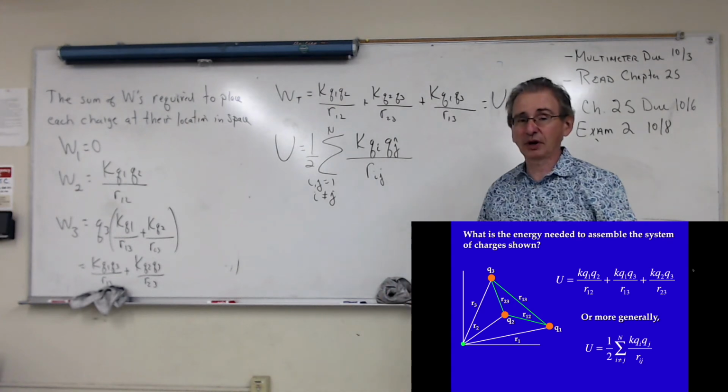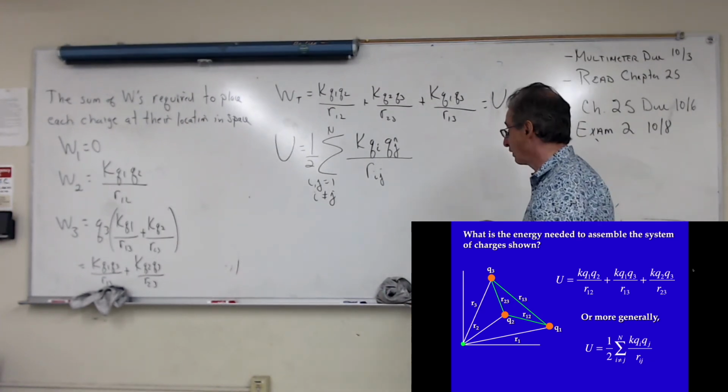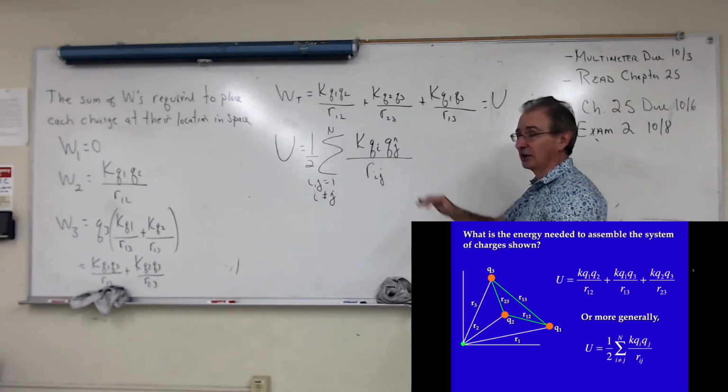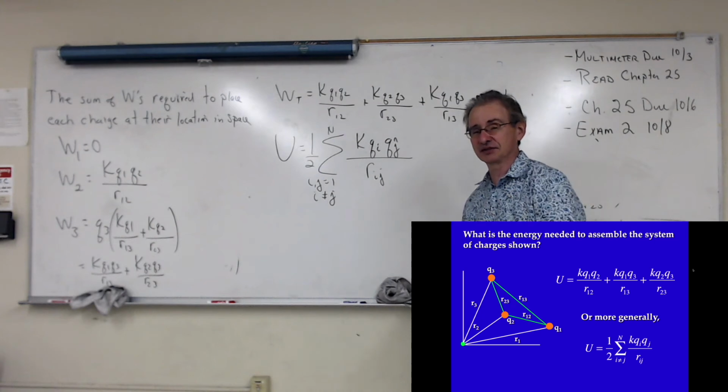Let's say you wanted to do it using computer code, you get too many of them to do it by hand. You would write a summation in computer code and do the calculation. This is the easiest way to do it. You don't want to do all the individual terms yourself.